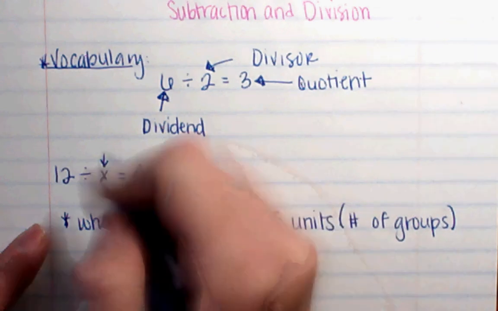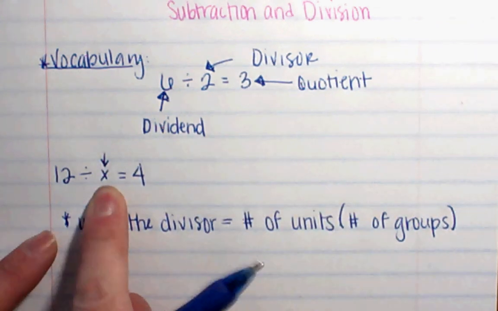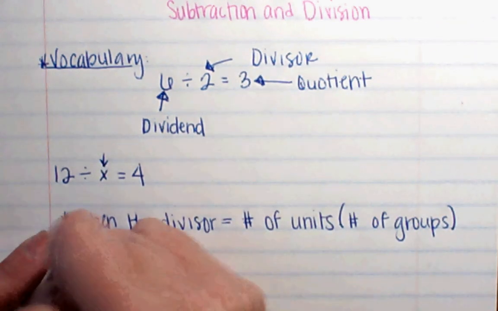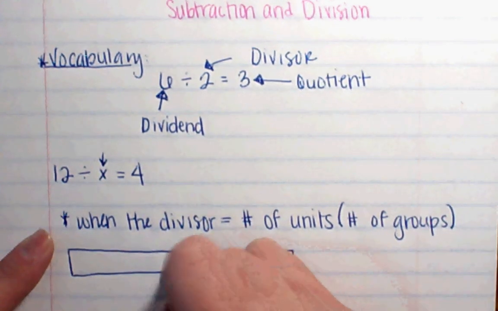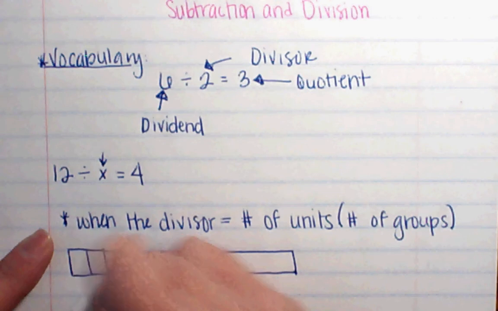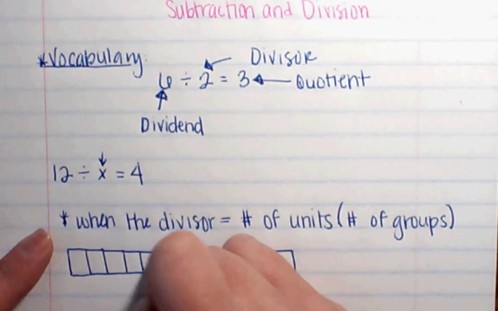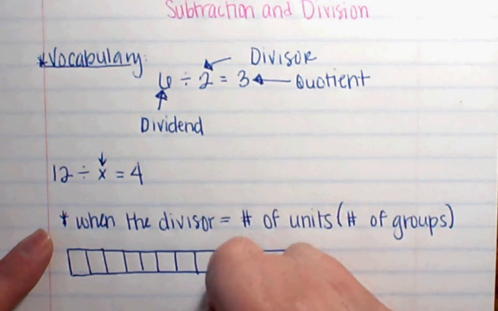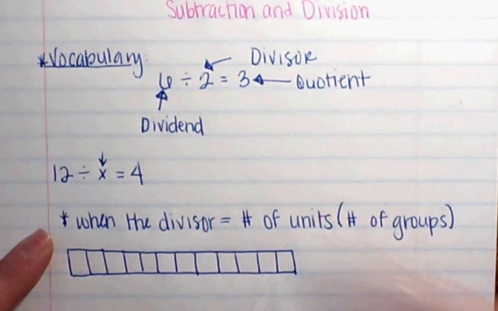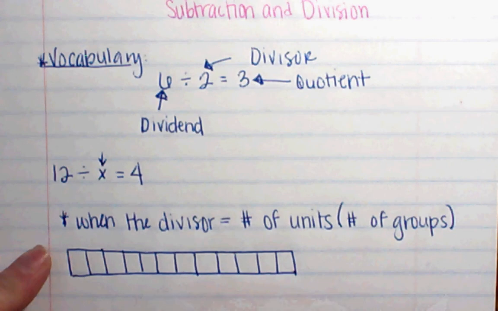So here, we don't know how many groups we have. So if I draw a tape diagram with 12 in all, okay, so I have 12 in all.